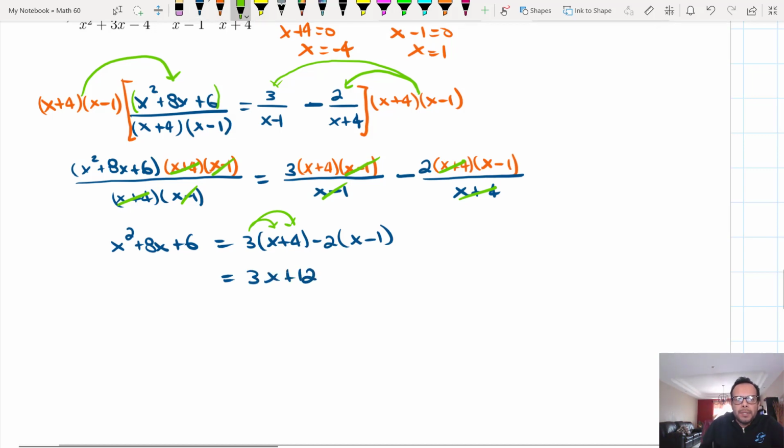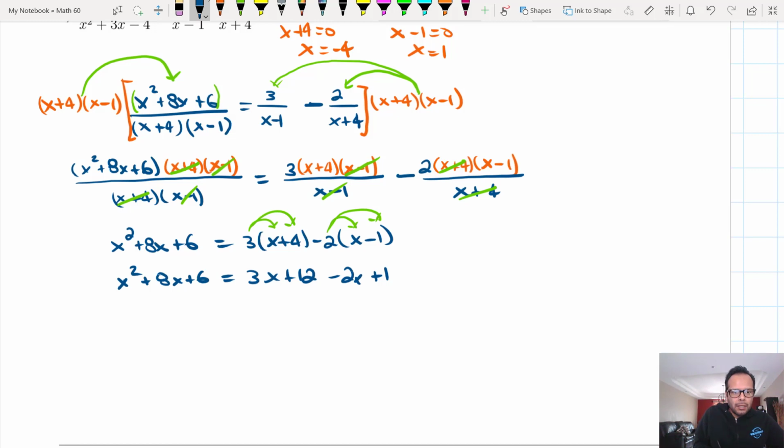And then when we distribute the negative 2, you need to be very, very careful with the signs because we're going to have negative 2x and then negative 2 times negative 1 will give us a positive 2. The left-hand side of the equation will remain the same. x squared plus 8x plus 6.